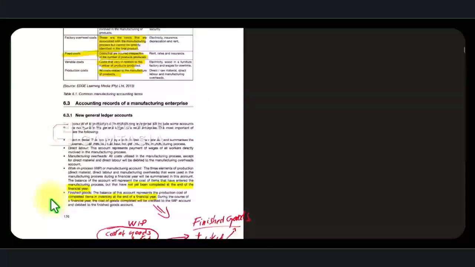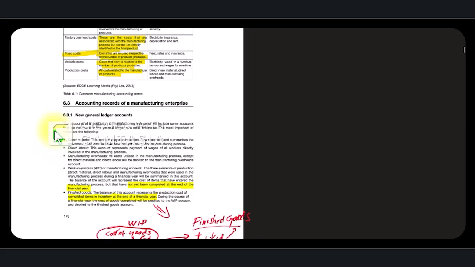And as you know, the difference will be in how they relate to the number of products produced. And then you would have your production cost, which encompasses all the costs related to the manufacturing of products, right? But here is now the most important part. These general ledger accounts, and as you will see, there is quite a progression within them.